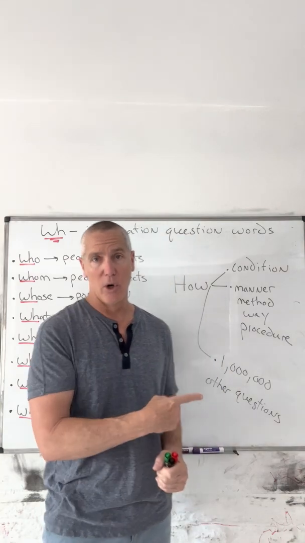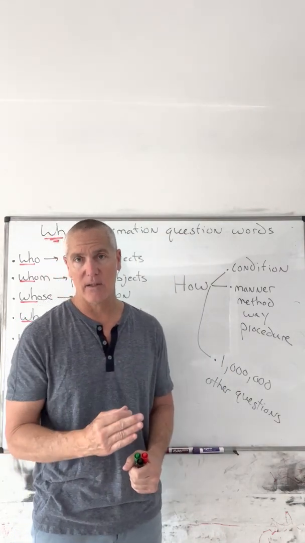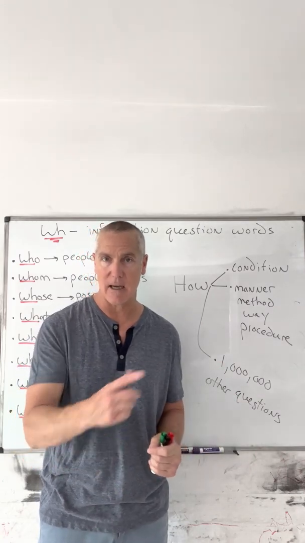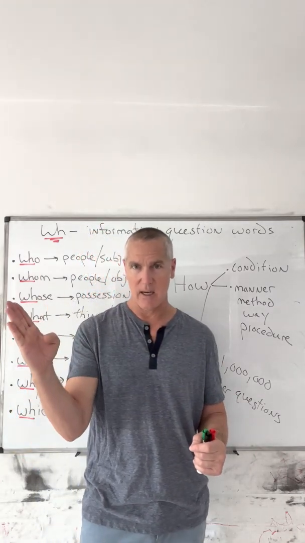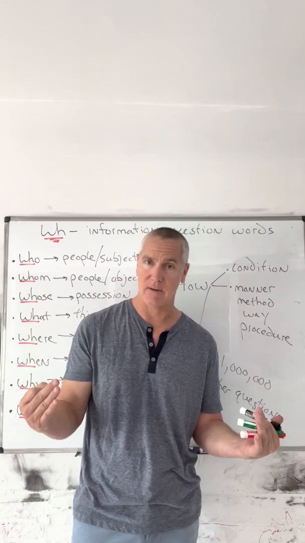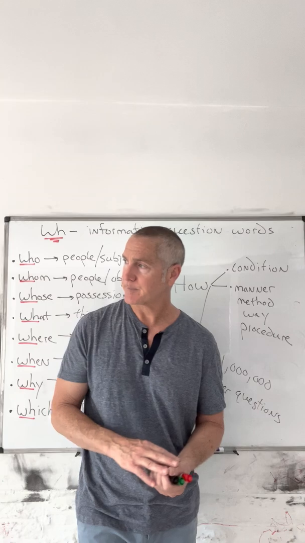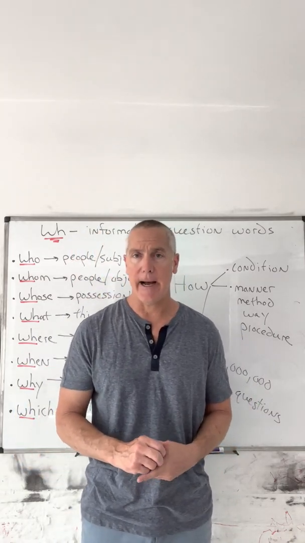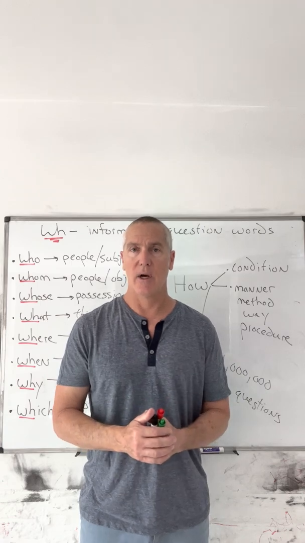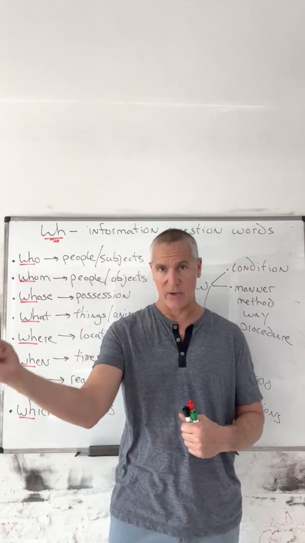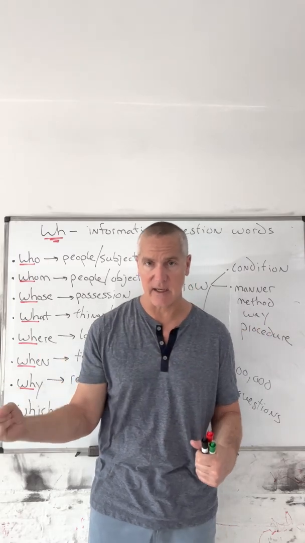But the word how also can introduce an adjective, and it's asking about the degree of whatever the adjective means. So for example, if you say, I feel sick. Well, sick, the adjective sick, has a range, right? It has degrees of sickness.